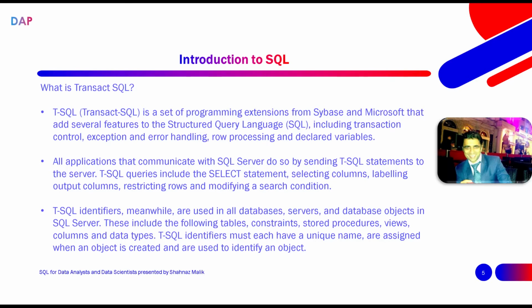It's also important to understand that SQL or Transact SQL identifiers are all the databases, servers, and database objects in SQL Server. These include tables, constraints, stored procedures, views, columns, and data types. And Transact SQL identifiers must each have a unique name, are assigned when an object is created, and are used to identify an object.